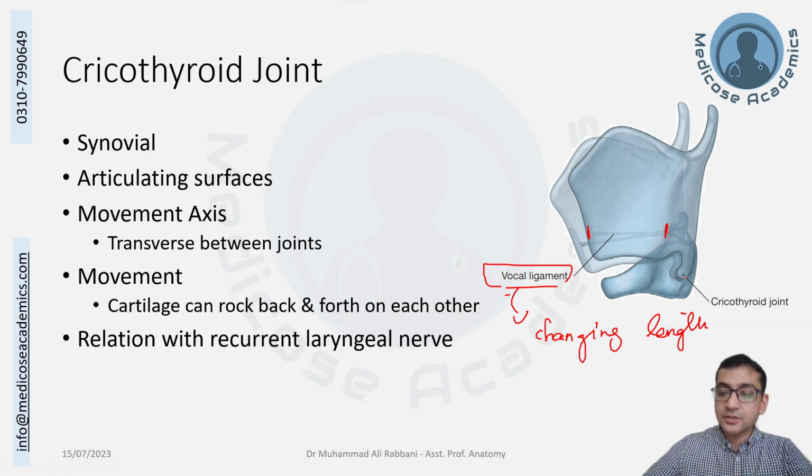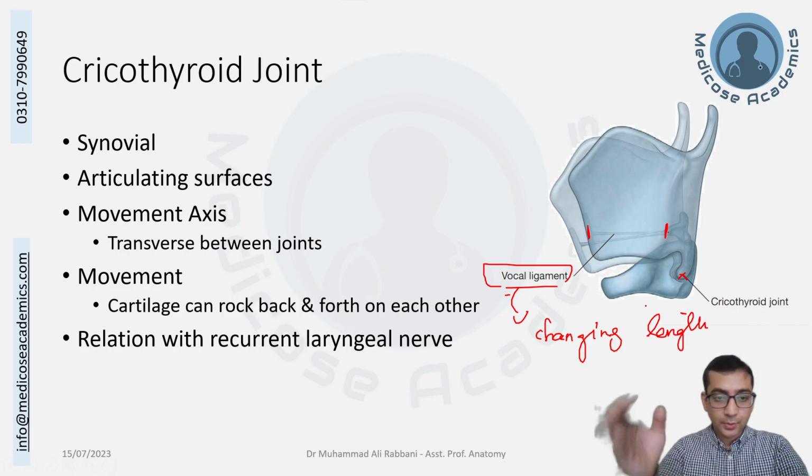The articular surfaces are on the medial aspect of the inferior horn and on the lateral aspect of the lamina of the cricoid. The axis of its movement is a horizontal axis crossing between the two bones, from one cricothyroid joint to the next one.